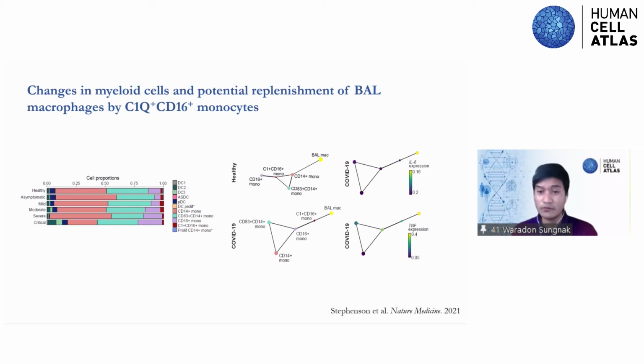And we further characterized the cell by integrating this particular PBMC dataset with the bronchoalveolar lavage dataset that was previously available. And we found this particular monocyte to be in the transition stage based on the pseudotime analysis. So we hypothesized that this particular population could be a potential source of replenishment in the context of COVID infection.